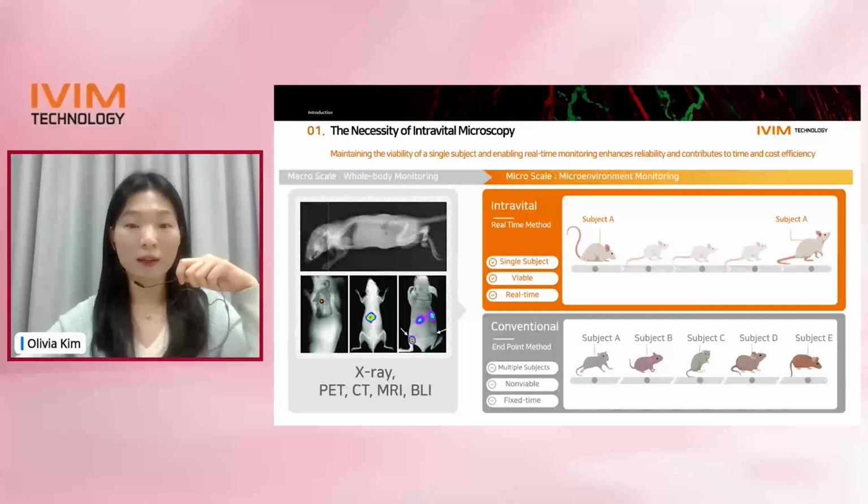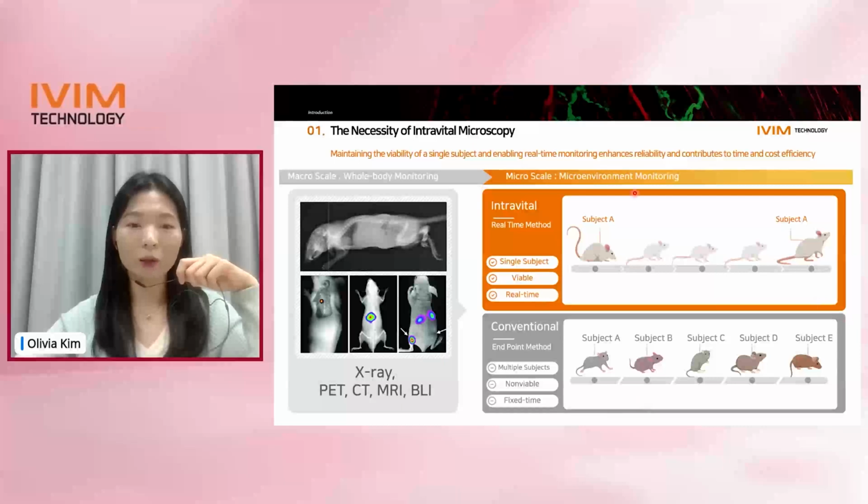A defining strength of IBEAM's intravital imaging system lies in its clear departure from conventional in vivo approaches. Traditional methods typically require sacrificing separate animals at each time point, which inevitably introduces substantial inter-animal variability.